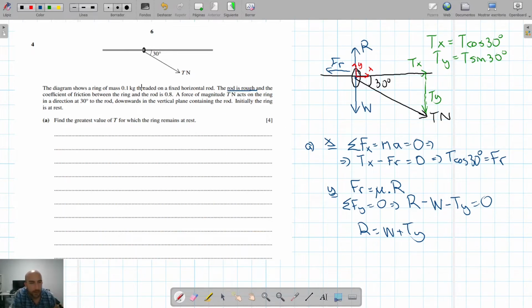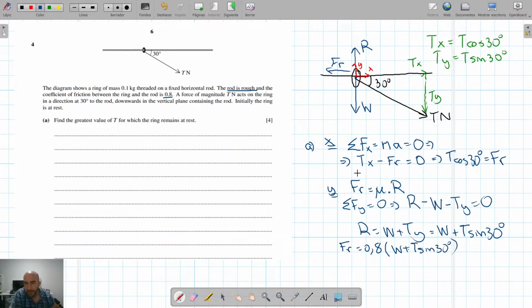So we are given a coefficient of friction which is 0.8. So we basically know that R is equal to W plus T sine of 30. If we use that, Fr is going to be 0.8 times (W plus T sine of 30).